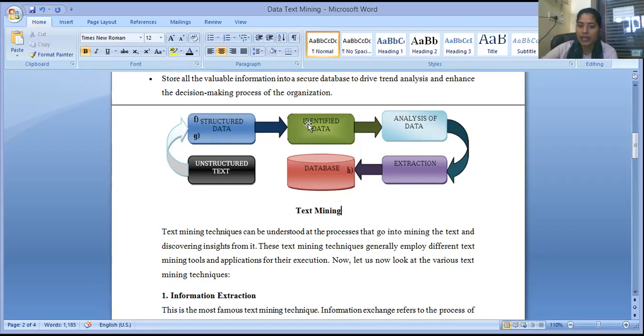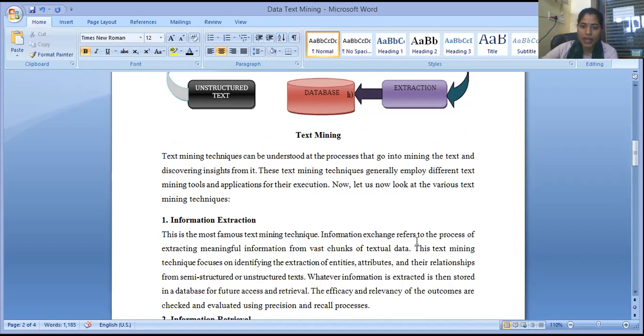So the identified data are received from these steps, and then the data is analyzed, extracted, and stored in the database in a proper structured form, pattern form.